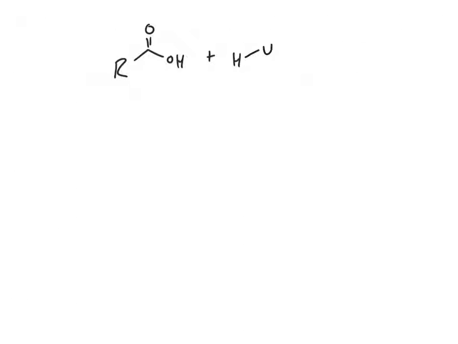In this case, I'll just represent those as a Y. If Y is an oxygen, that's our alcohol. A sulfur is a thiol. And an N, we would have our amine.